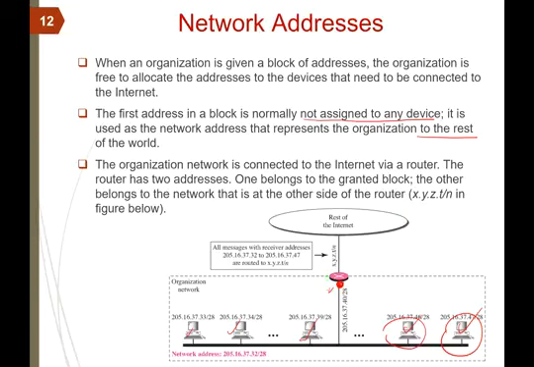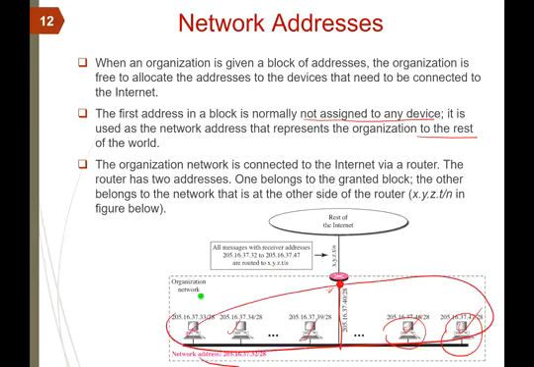Okay? The organization is connected to the internet. Of course, you need a router. The router has 2 addresses. This is the internal one, and this is the external one, which connects to the internet. They should be on different networks. One belongs to the granted block. This is your block.